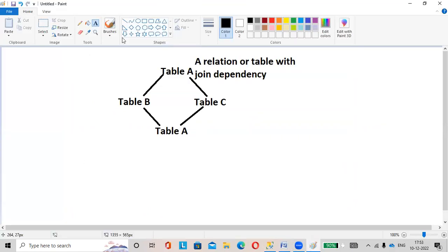See, in the ER diagram also, this is one entity.